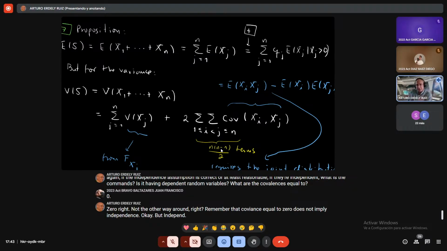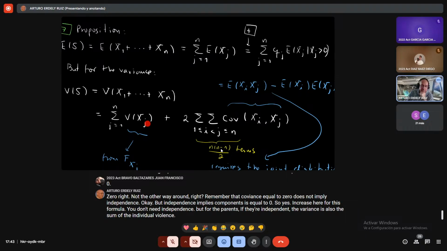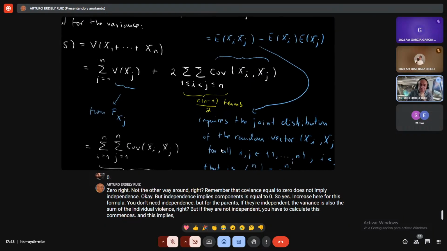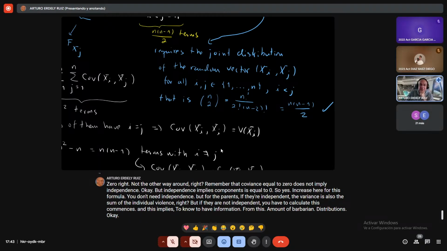But independence implies covariance is equal to 0. So for the expected value formula you don't need independence. But for the variance, if they are independent, the variance is also the sum of the individual variances, right? But if they are not independent, you have to calculate these covariances. And this implies having information from this amount of bivariate distributions, okay?